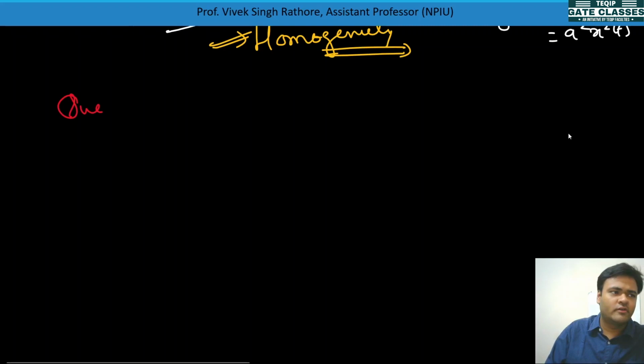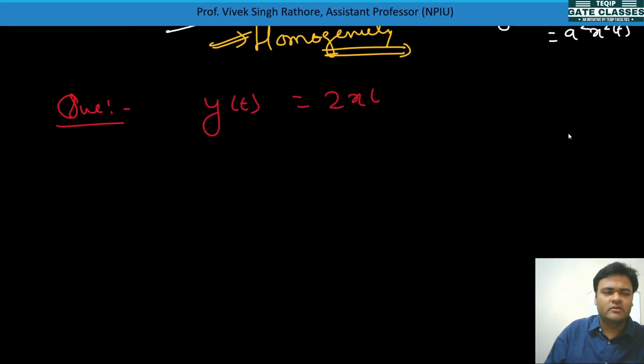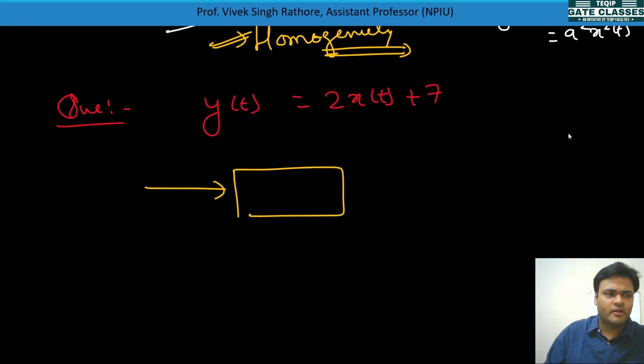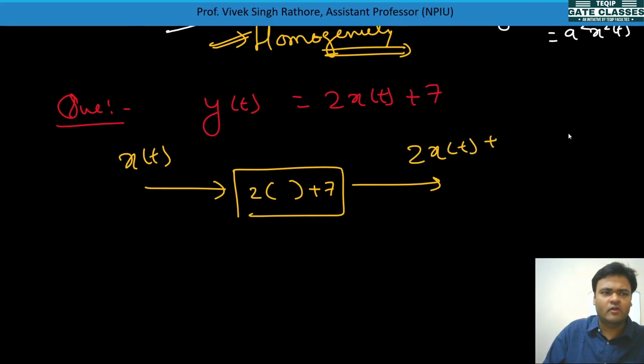So again, one question we'll take: y(t) is equal to, let's suppose, 2x(t) plus 7. So see, one system is there. What is it doing? Whatever input is coming, it is multiplying by 2 and adding 7. It is doing only this, so y(t) is equal to 2x(t) plus 7 is the output.